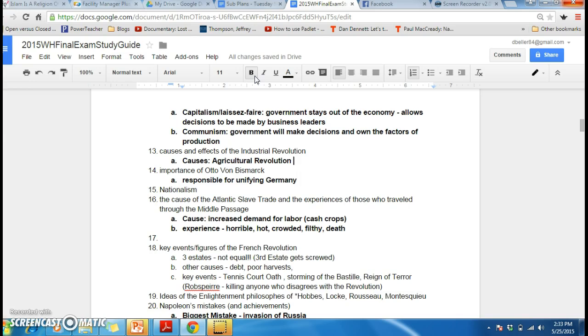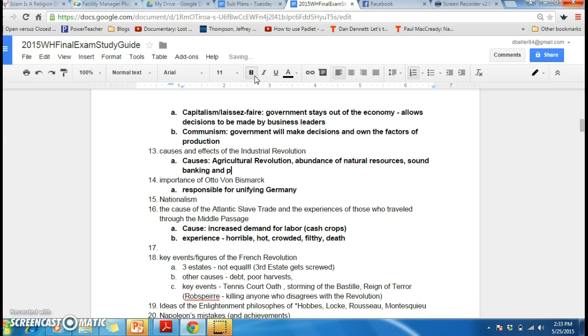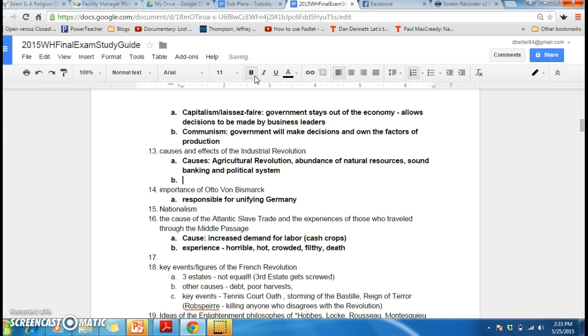You had the inventions like the seed drill. You have the livestock breeding, and this all increases food production. You have an abundance of natural resources. You have a sound banking and political system. These would be causes of the Industrial Revolution starting in England.